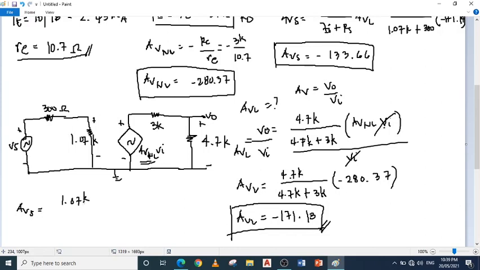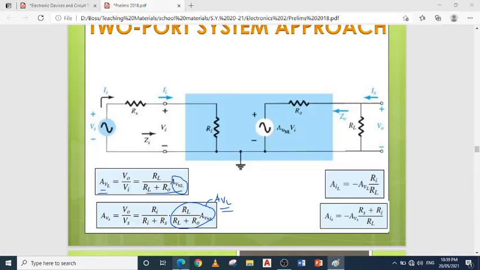Okay? Kasi ang formula is ito. So, RI. Okay? RI or ZI. Di ba? Ito is ZI din. Okay? Knowing that this one is already our AVL. Okay? Na-compute na kanina. Di ba?